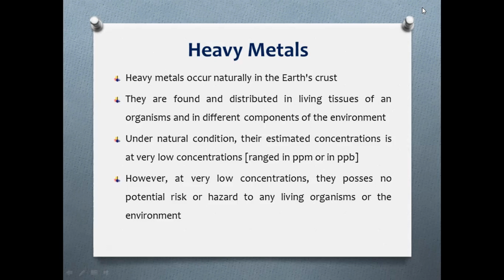However, under natural conditions, their concentration is very low or insignificant, with values ranging in parts per million or parts per billion. At such low levels, heavy metals have no significant health impact or pose no potential health risk to any living organisms or the environment.